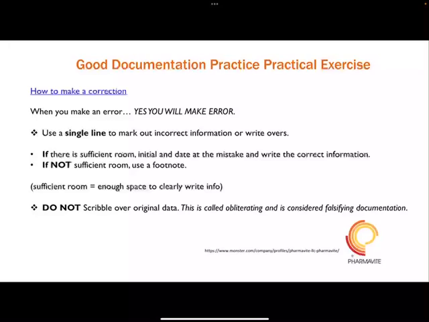If there's not sufficient room to clearly record all this, use a footnote. But in no case, ever, should you scribble over original data. This is called data obliteration and is considered falsifying documentation.